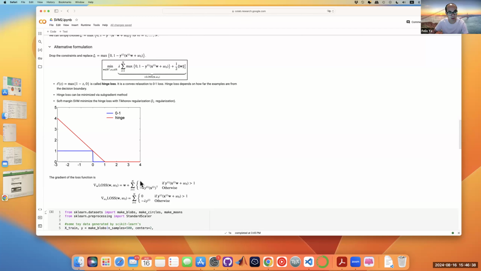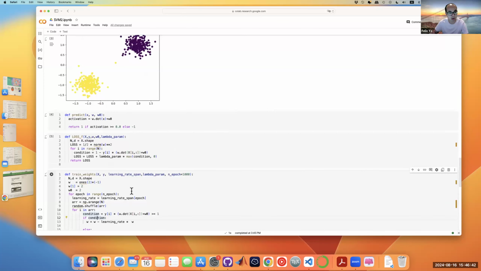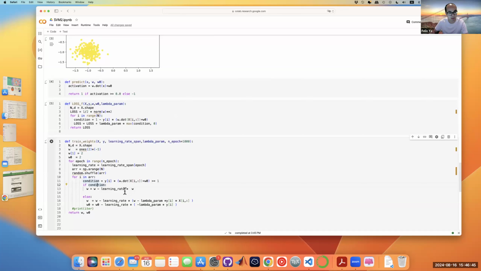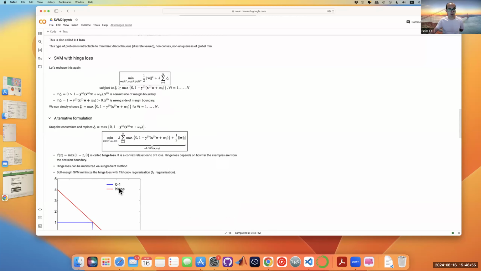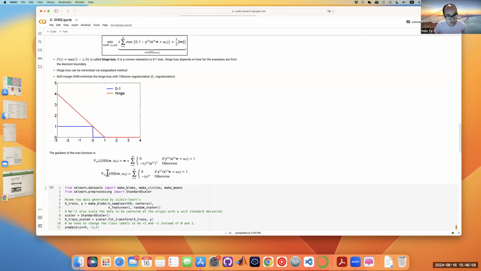That means this contribution right here will be 0, and we only have a contribution from W. So what we have is just minus learning rate times W. If this condition is not satisfied, we optimize with the second condition.